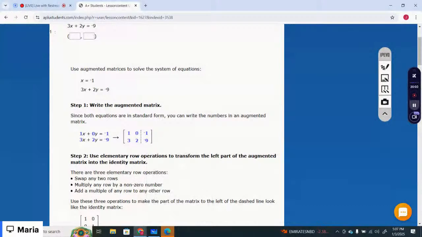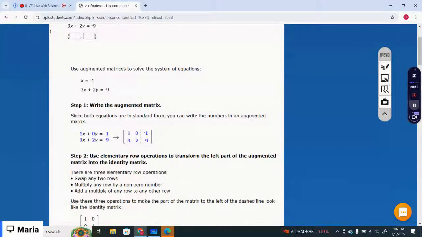Now you have to apply the operations on the rows. You can swap any two rows, multiply any row by a non-zero number, or add a multiple of any row to another row.